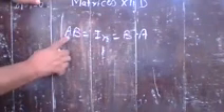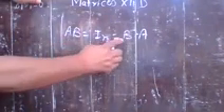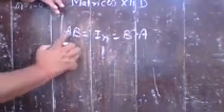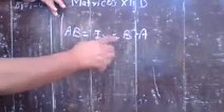Understand? It means A is said to be an invertible matrix if there exists a square matrix B of the same order satisfying the condition that AB is equal to the identity matrix, which is also equal to BA. Then you can say that A is invertible.